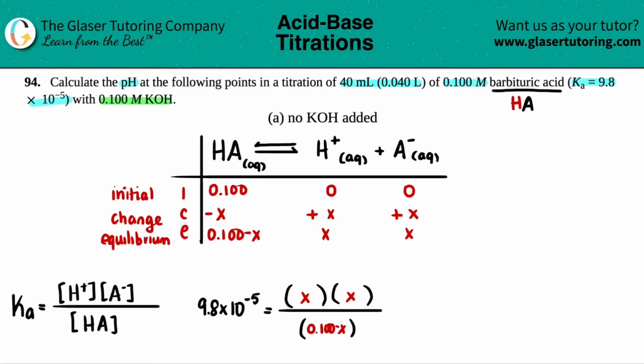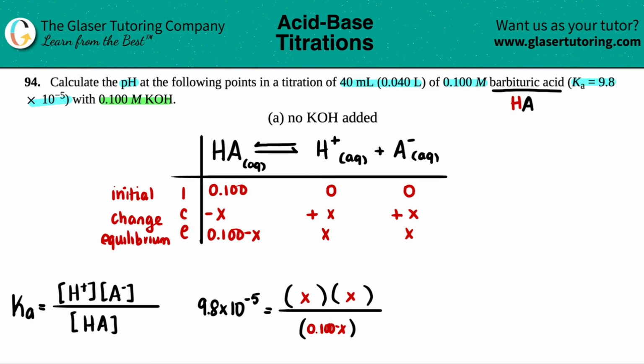And how we do that is we assume that the change in x is so small that, since you started with all reactants, at equilibrium you're probably going to end up with mostly reactants because the Ka value is so small. So this minus x, this drop, is probably so small that it's not even going to budge this number.